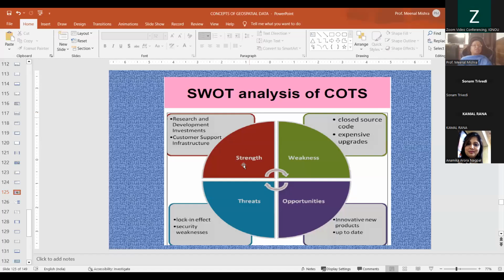Then quickly looking at the SWOT analysis of COTS. Its strengths are research and development investments, customer support infrastructure. Weaknesses are it has closed source code, and it is expensive to upgrade. Threats are lock-in effect, security weaknesses, and opportunities are you have innovative new products which can be updated.